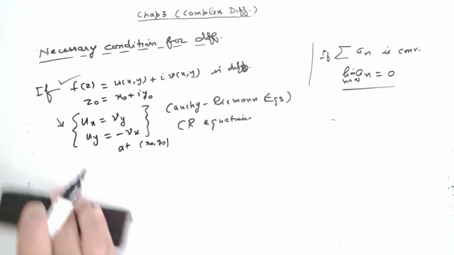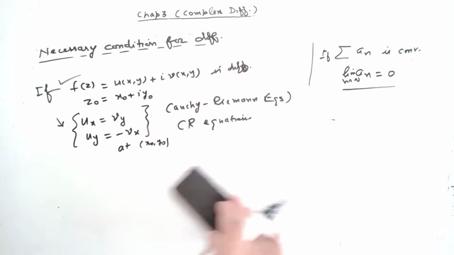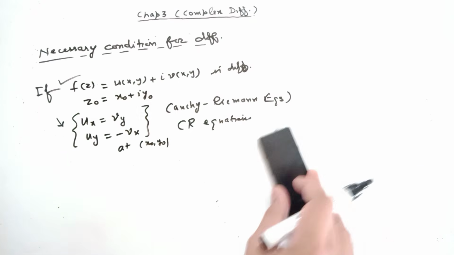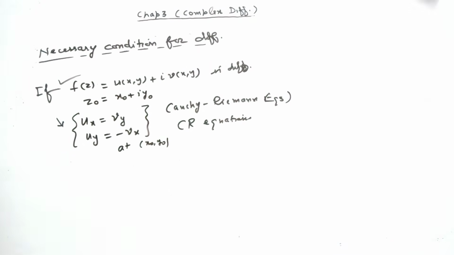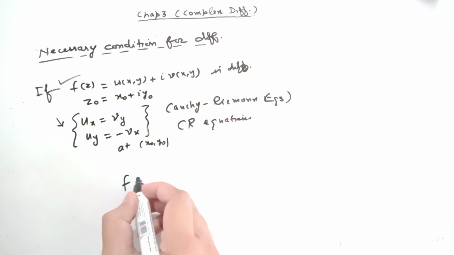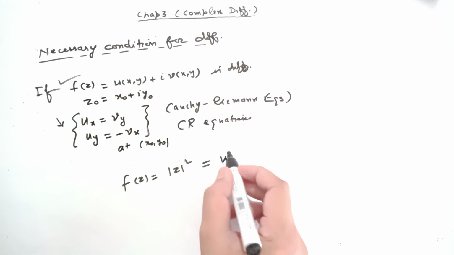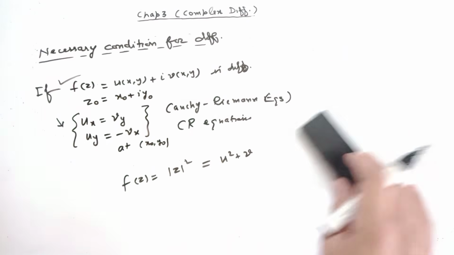So if a function is differentiable at a point, then its real and imaginary part functions satisfy CR equations ux equal to vy and uy equal to minus vx. Likewise, you can say this function f(z) equal to mod z square. It is u square plus v square, no, x square plus y square.